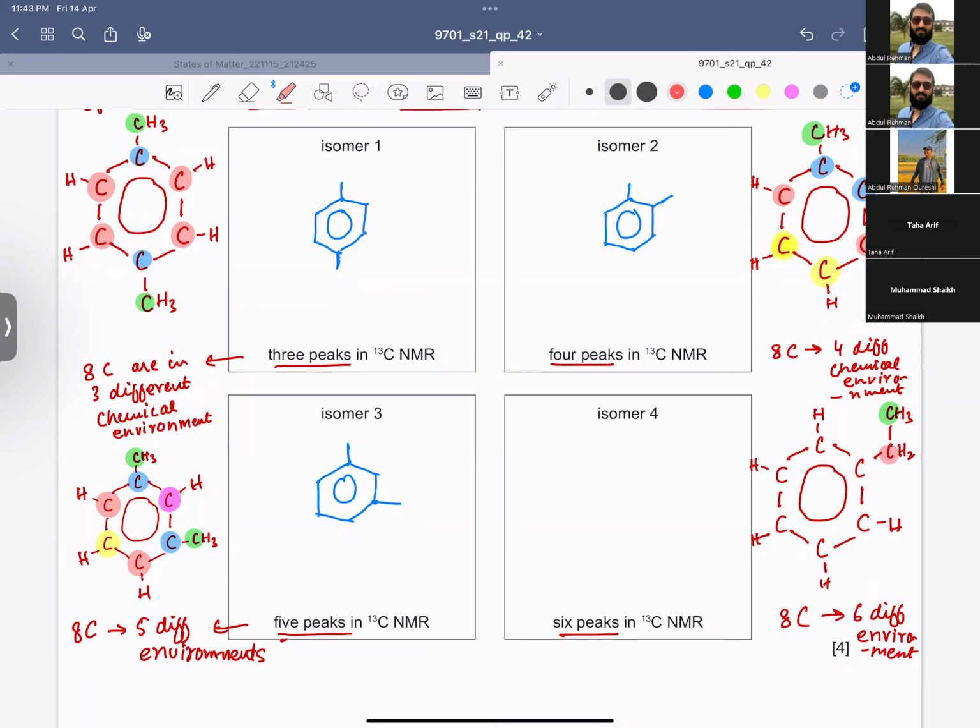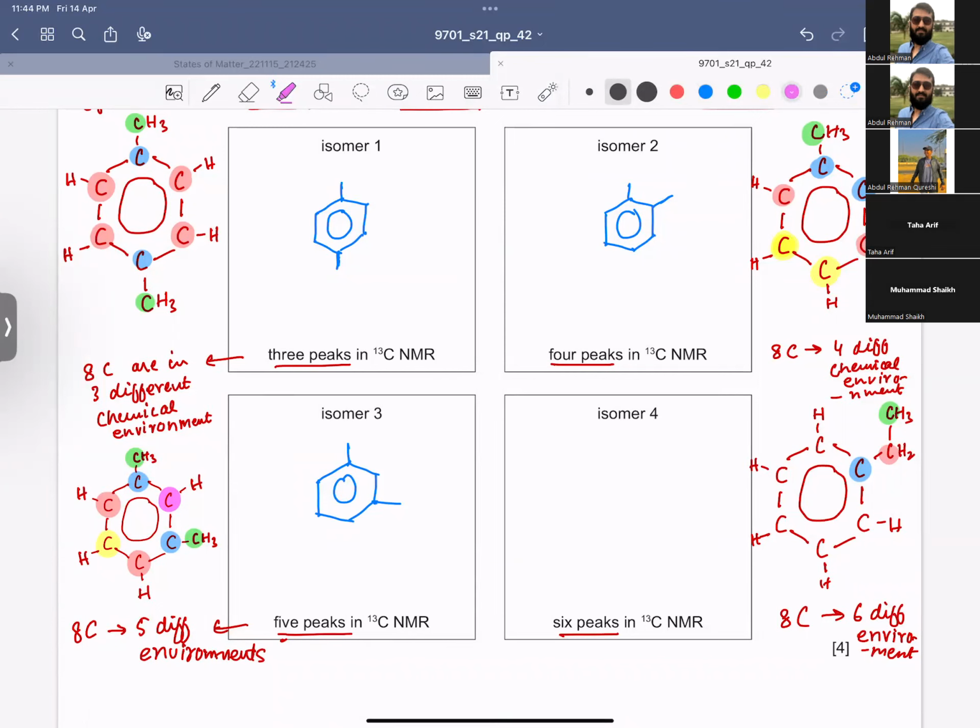Then this carbon gives you a completely different signal because it is bonded to 2 hydrogens and 2 carbons. Then this carbon has a completely different signal than the rest of the benzene ring carbons because it is bonded to a CH2 group on one side and the other 2 sides are CH groups.